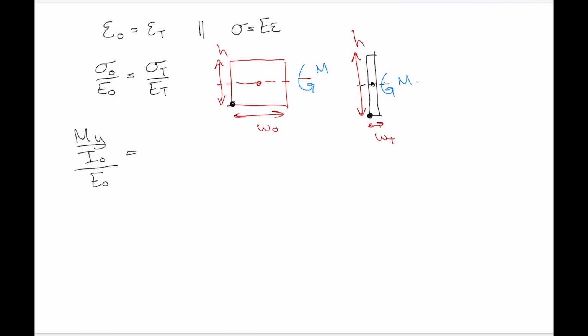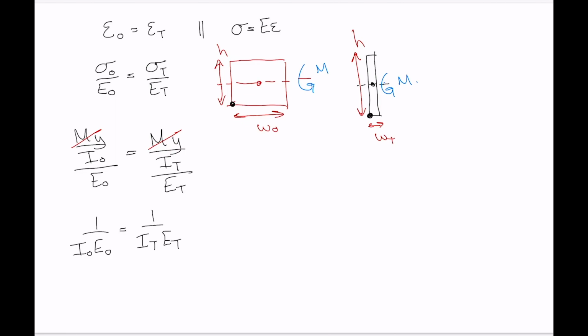So we've got the moment, which is the same internal moment. We've got distance y, which is the same for both of those, because we're considering the same location. I for the transformed material, and then modulus of elasticity for the transformed material. So we've got cancellations of M and y on the top here, and we have 1 over I naught E naught equals 1 over I t E t.